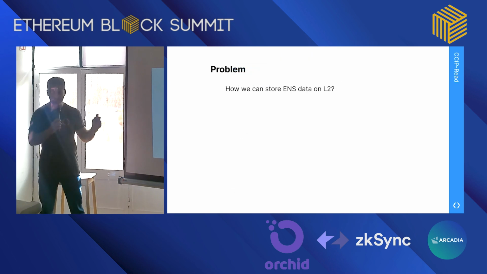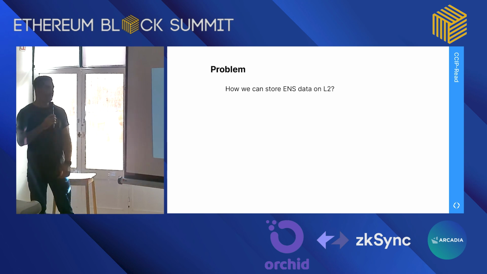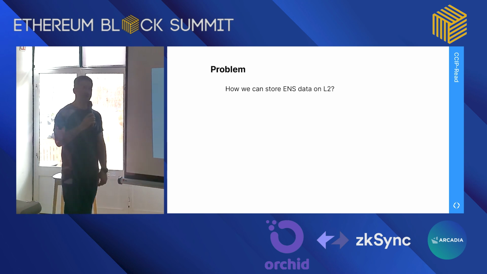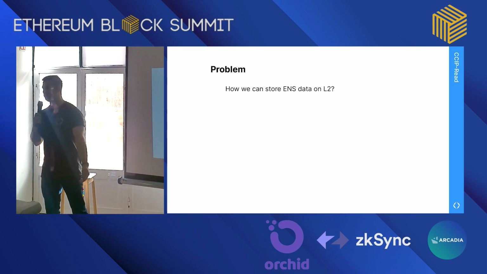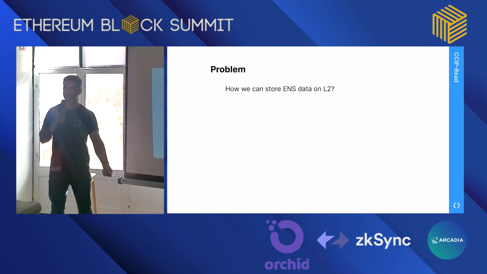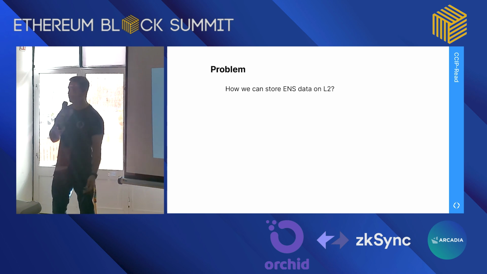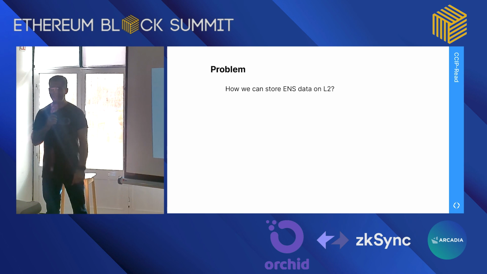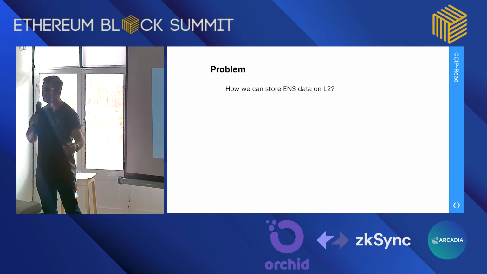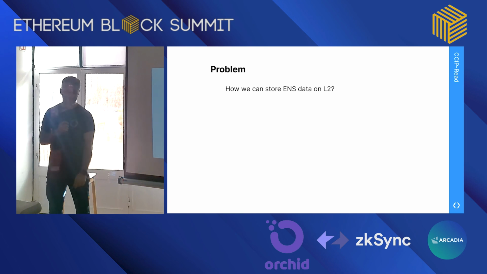Let's start with that. The problem started with this: ENS keeps all the information in a vault. In the beginning, everything was super easy because gas prices were low, and users were able to register an ENS name and keep records under it super easily, because we didn't think gas prices were going to go that crazy. But it happened after a lot of use cases landed on Ethereum.